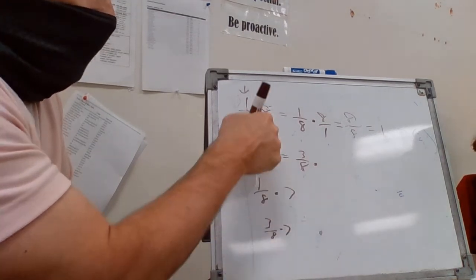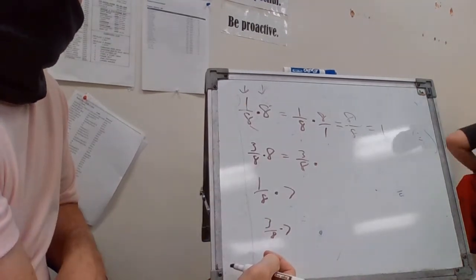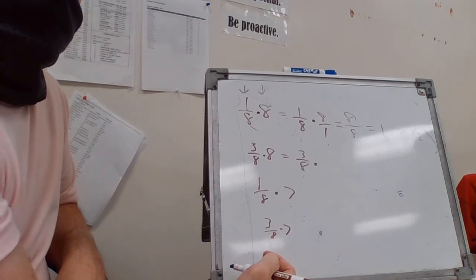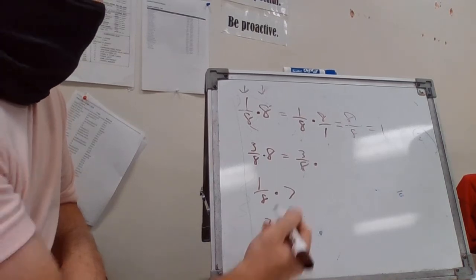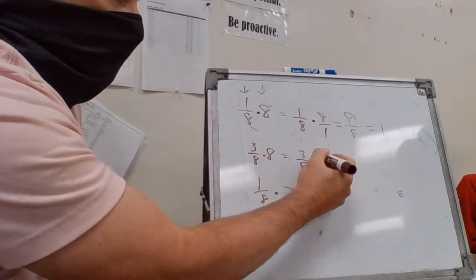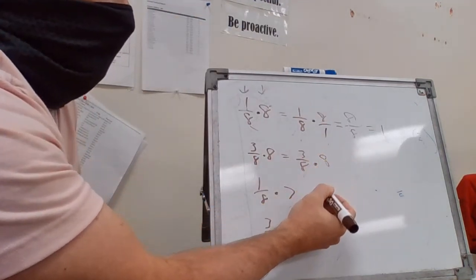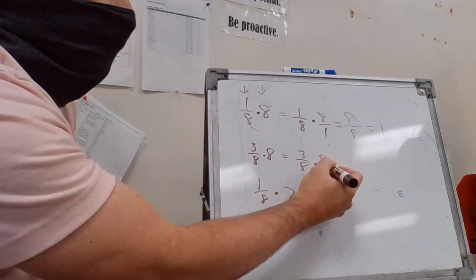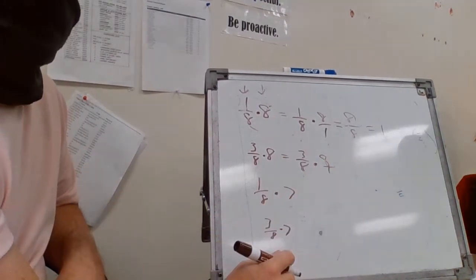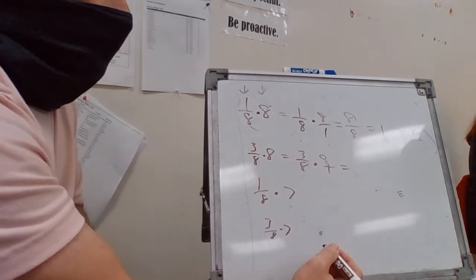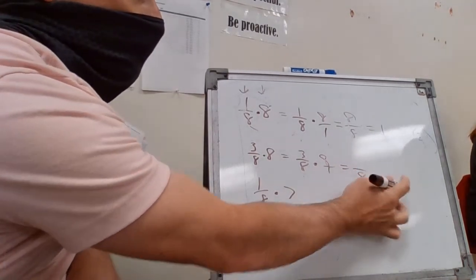Does this number look like that number up there? Yes, sir. Okay. 3 eighths times 8 over 1. Tell me how to write it. Just tell me the numbers. 8 and then 1. 8 over 1. Yes, sir. Okay. The bottom number is 8.